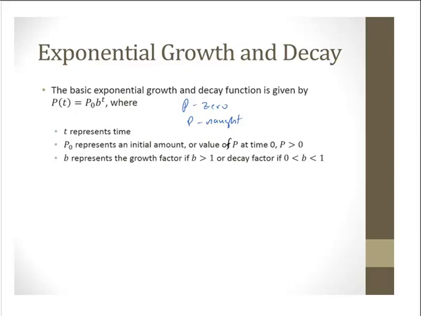B represents the growth factor if b is greater than 1, or the decay factor if b is between 0 and 1. Okay, so p sub 0, that's an initial value, and b can be thought of as the growth or decay factor depending on its value.